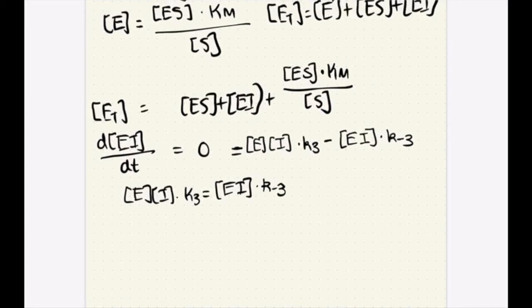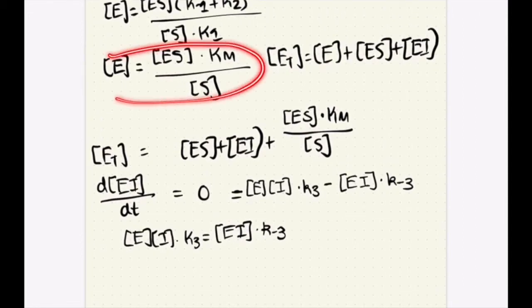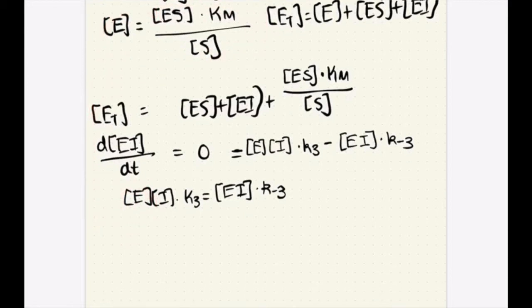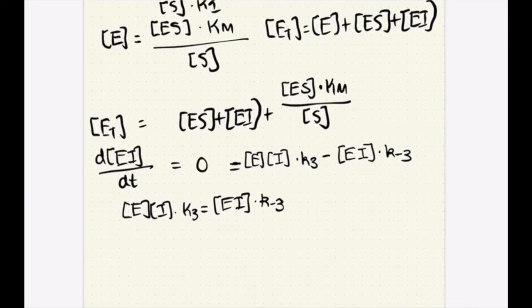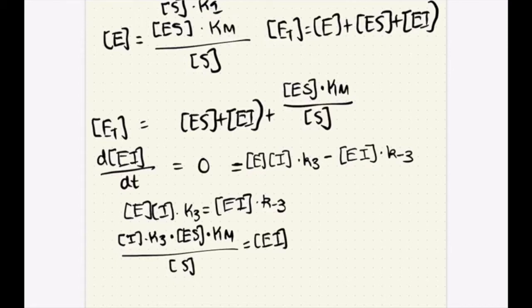So what we're going to be now doing is taking what we found from before for the enzyme concentration and plugging it into this enzyme concentration. So now we have the inhibitor concentration times the K3 rate parameter multiplied by the enzyme substrate complex concentration times the Michaelis constant over the substrate concentration. And this is going to be equal to the enzyme inhibitor complex concentration times the K-3 rate parameter.